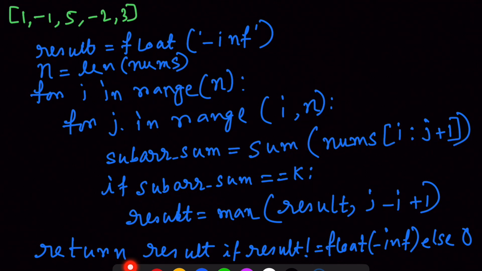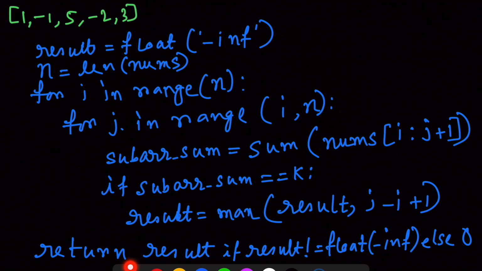If the subarray sum is equal to k, then I update my result. Result is initially negative infinity, which is the length of the subarray, but every time I get a better subarray, I update this result. From i to j, the subarray length will be j minus i plus 1. After all this, we can return the result.